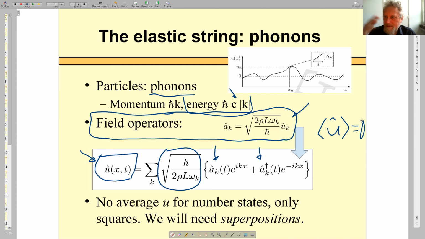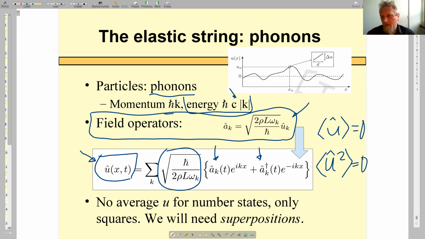Intuitively, this is clear, because a state with a given number of particles is an oscillation with given energies, where everything oscillates and averages out. But there are, of course, the squares of displacement, which are not zero.